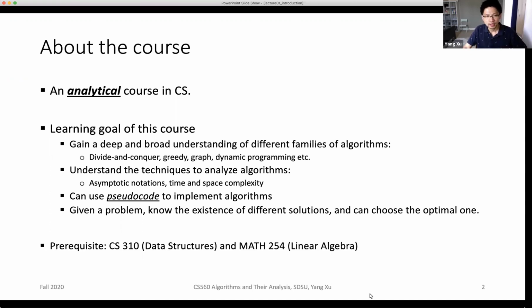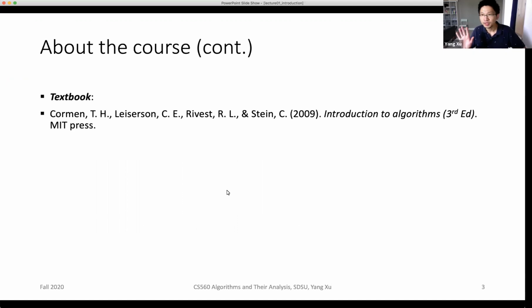Okay, so about the textbook, Introduction to Algorithms, 3rd edition, by Cormen will be the textbook that we use. In the syllabus page on Canvas, you will find the way to get this textbook online. There's a PDF version of it on GitHub, so you're able to get a free version of this textbook.